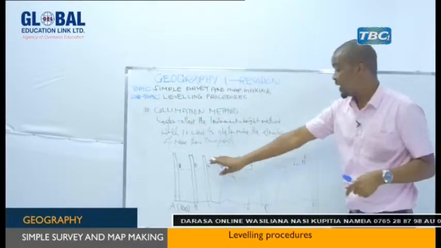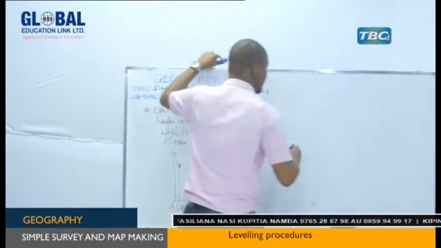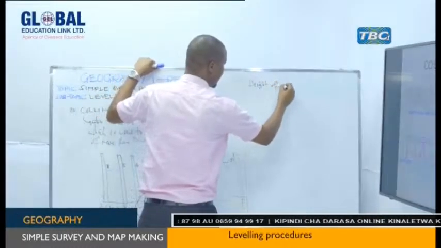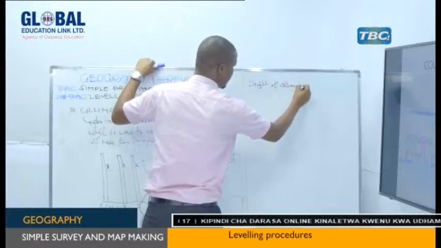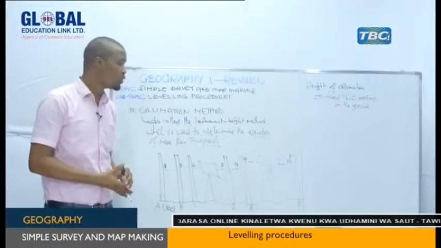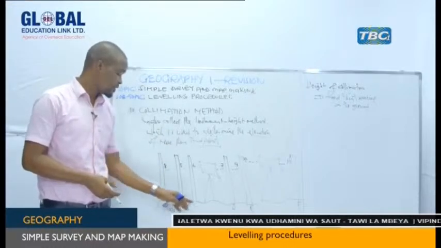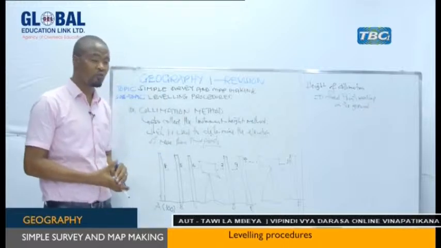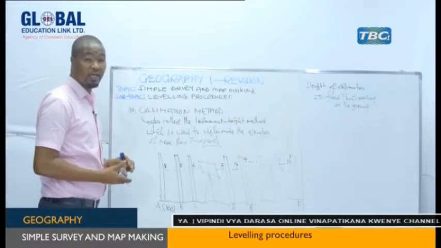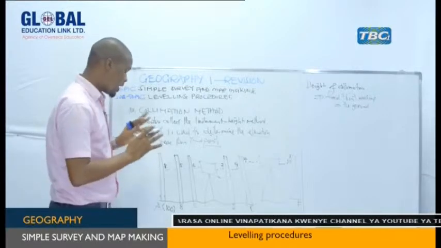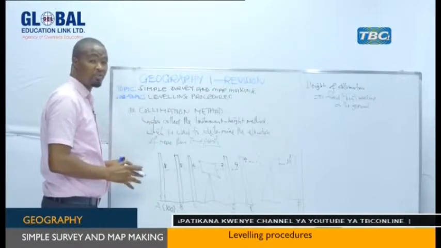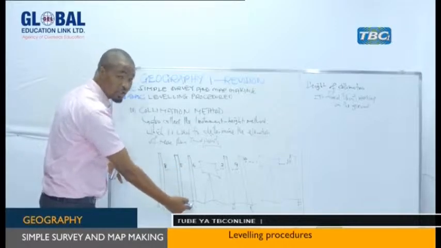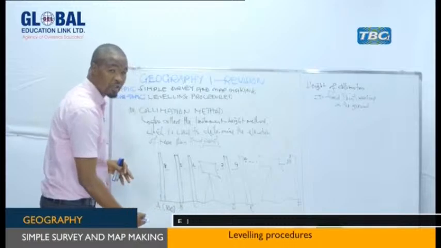Let me insist on how to find the elevation between points by using the collimation method. First you have to find the height of collimation. After obtaining the height of collimation, you have to subtract the staff reading of each point to get the station or leg readings.